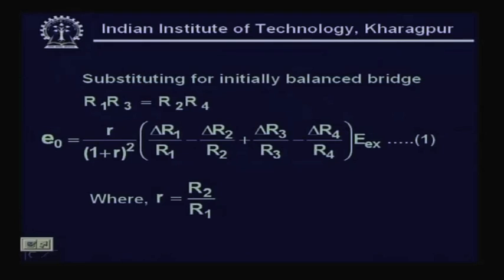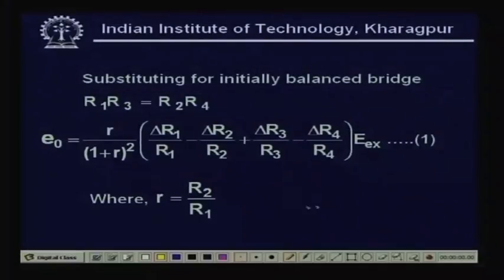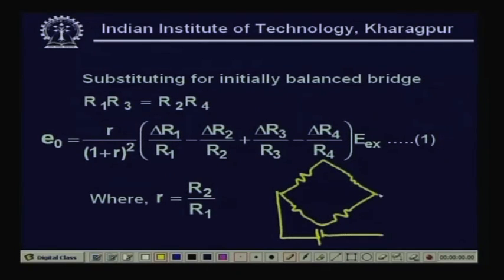Now, you may say that we have used 4 resistances, but I can use only 1 resistance in the Wheatstone bridge. Instead of using 4 gauges, I can use only 1 gauge. Suppose this is R1, this is R2, this is R3, this is R4.